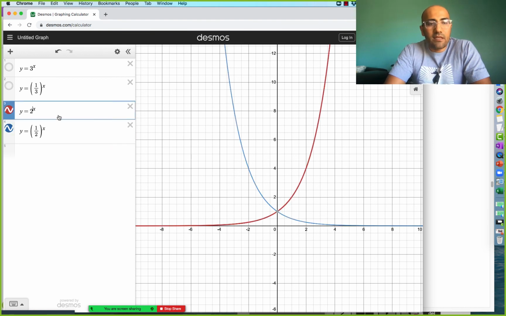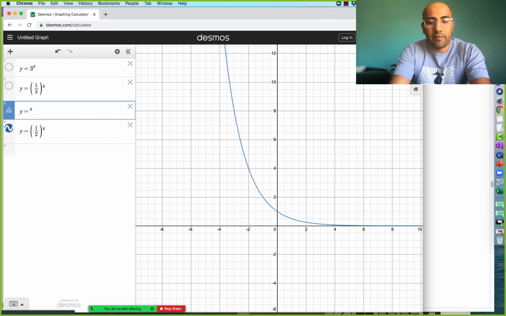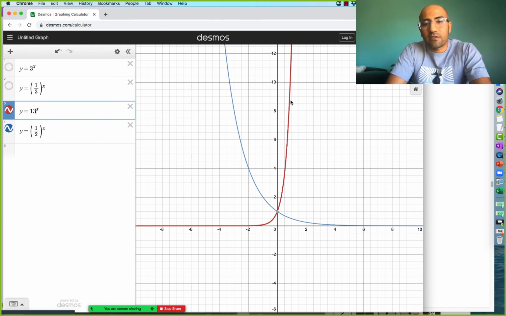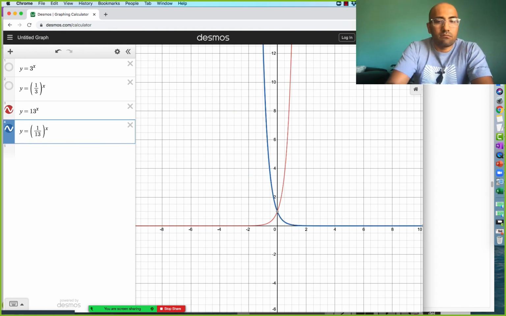But as that base number gets bigger and bigger, like maybe that becomes a 5, maybe an 8, maybe a 13, then it grows toward infinity faster in this direction, and over on this direction, it approaches 0 faster. That's what happens as the base number gets bigger. And then all we have to do to find its mirror image is to turn it like that. So now that's a perfect reflection about the y-axis, these two.